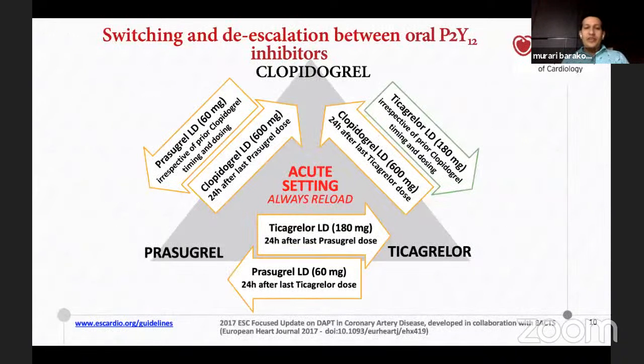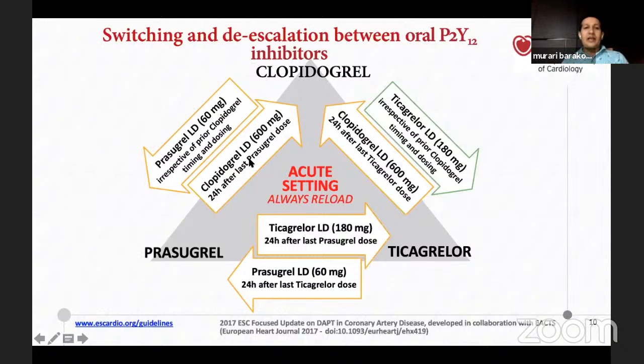And so if the situation demands that we have to switch in the acute setting, that is within 1 month of PCI, we always have to give a loading dose. Unless it is because of a bleeding issue and we are shifting to clopidogrel; in that case, we should not load. Otherwise, we have to load.